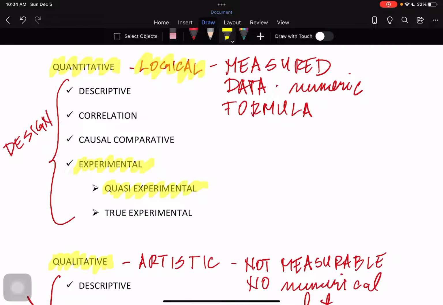I would not dwell into the details of these designs. I have a separate YouTube video for this, discussing comprehensively the different research designs under quantitative and qualitative research.